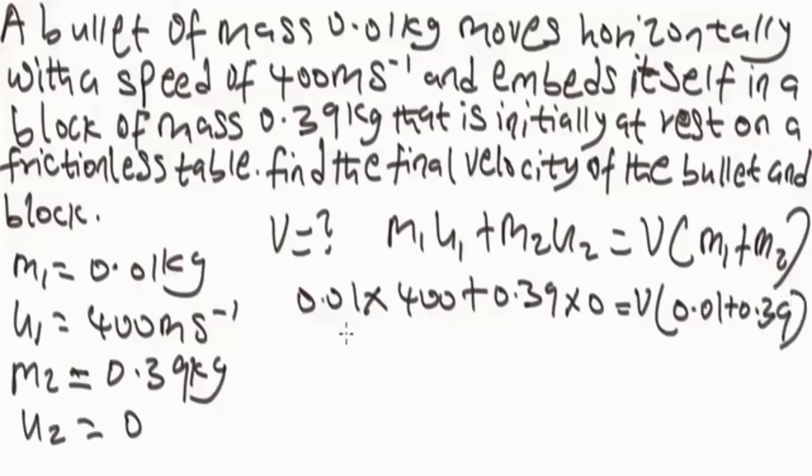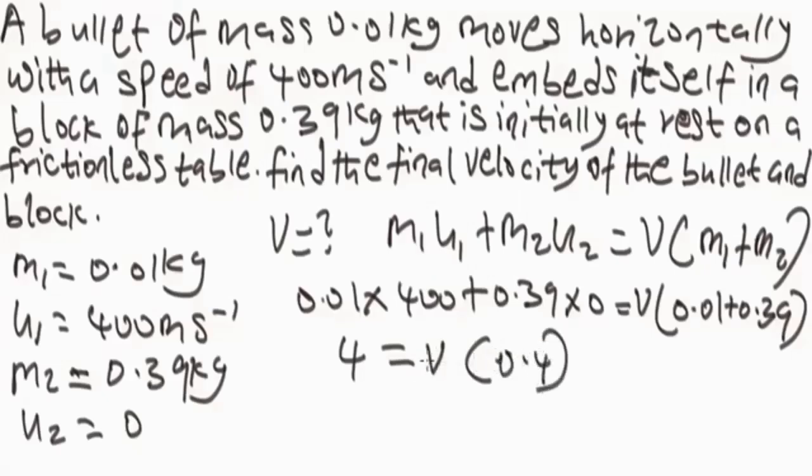When you simplify this, 0.01 times 400 gives us 4. 0.39 times 0 still gives you 0. So we're left with 4 on the left side of the equation equals v in bracket. Adding what is inside the bracket, you're going to have 0.4.